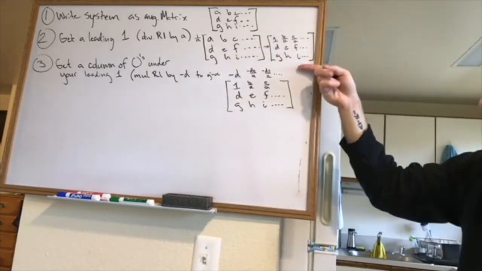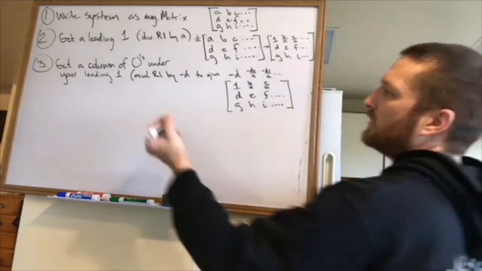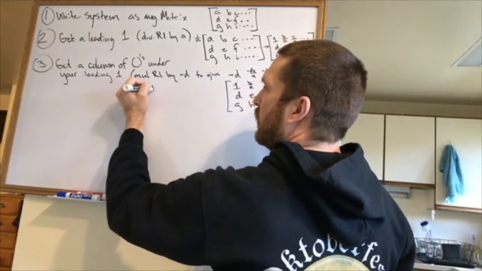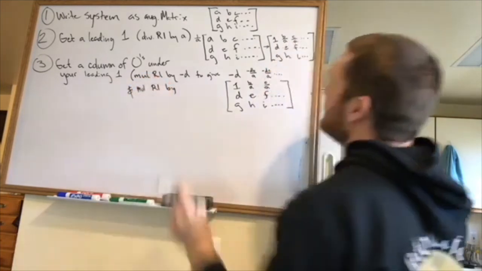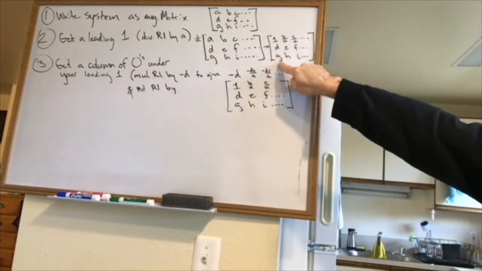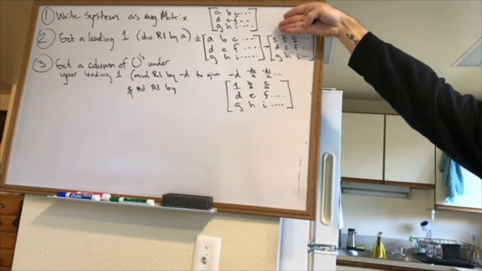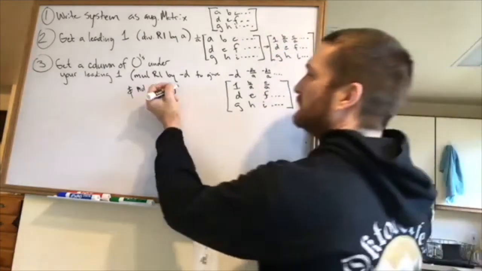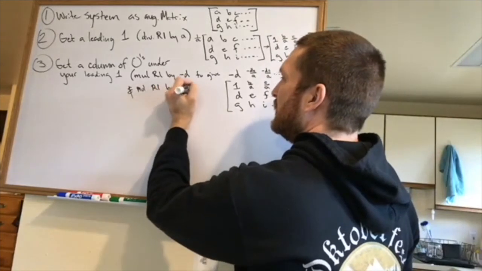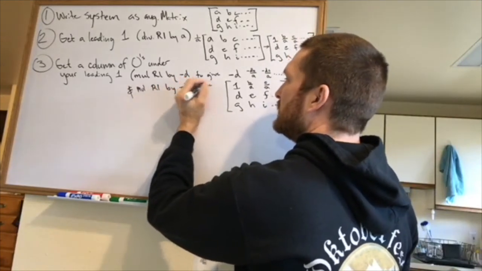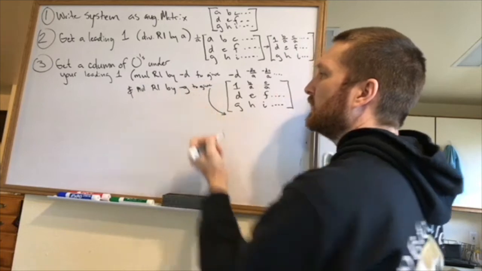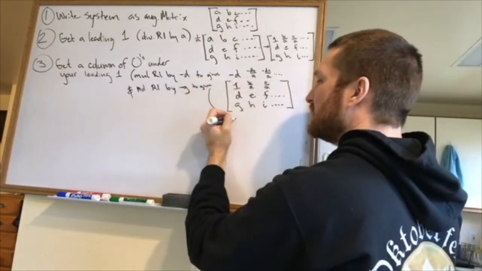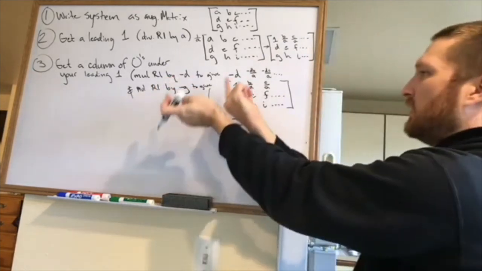And then with the other one, I'm going to multiply row 1 again by, in this case, I need to kill that G because my whole idea is to get a bunch of zeros under here. I'm going to multiply row 1 by negative G to give, well, I'm going to write it down here: 1 times negative G is negative G. Just keep multiplying it through.